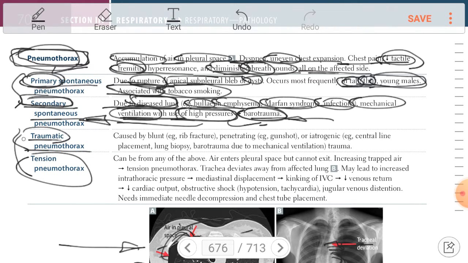Then the next one, traumatic. From its name, caused by what? By blunt trauma like rib fracture, and rib fracture will cause what? Will cause pneumothorax. Then penetrating gunshot, iatrogenic like what?